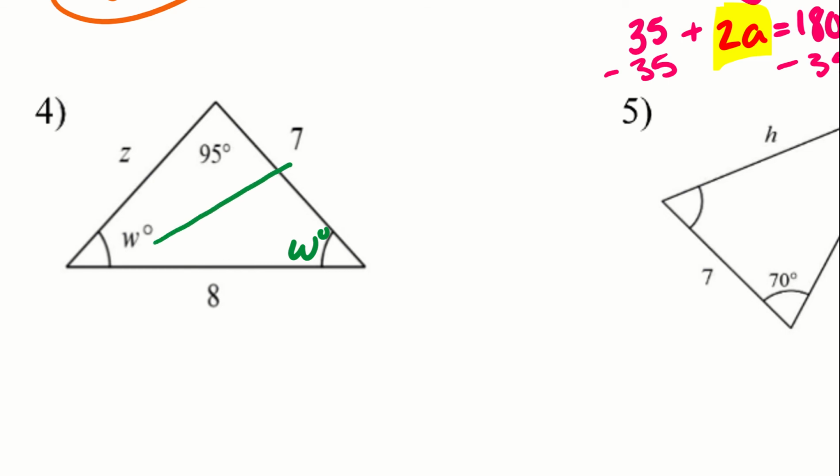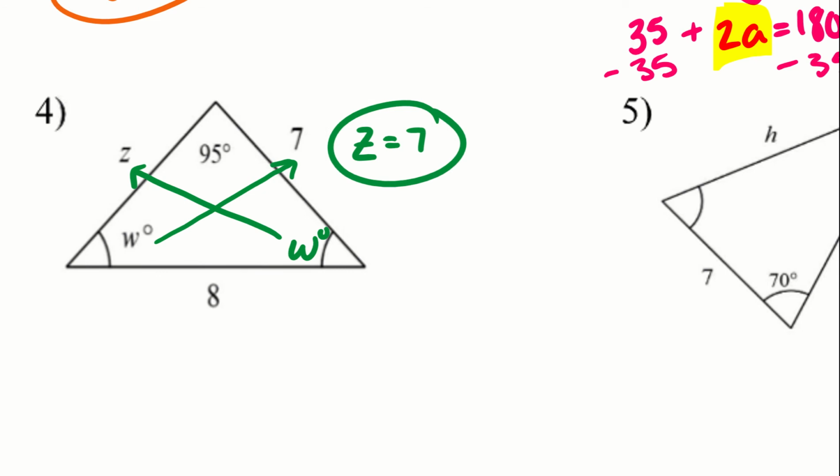Anyways, so across and across, so we are finding an angle and a side length. I figured I'd start with the side length and review that. So if we have angles, the sides across from them are equal, so that means z and 7 are the same, which means z equals 7.